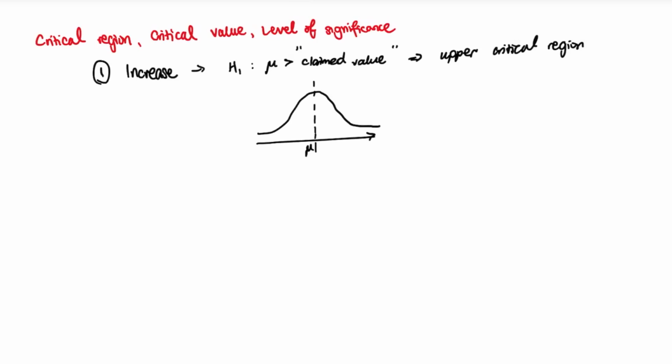So if you're looking at the upper portion, it will be over here. So this is if there is an increase, and this is the region over here whereby we actually reject our null hypothesis. Our null hypothesis is essentially our claim value. So this is one of the regions that you'll be looking at for an increase.